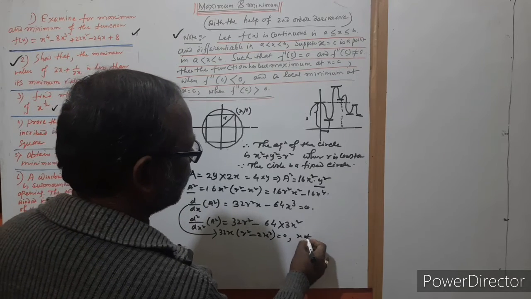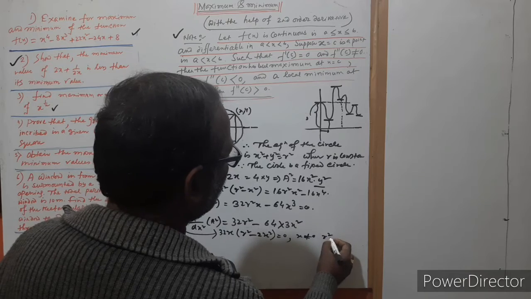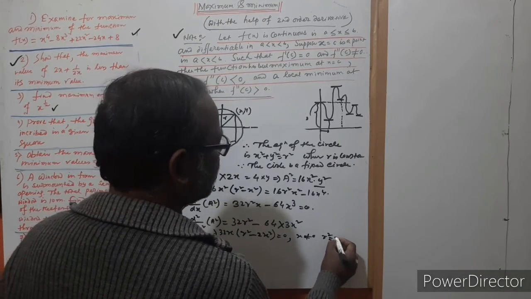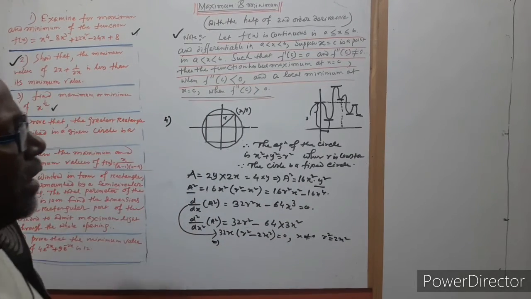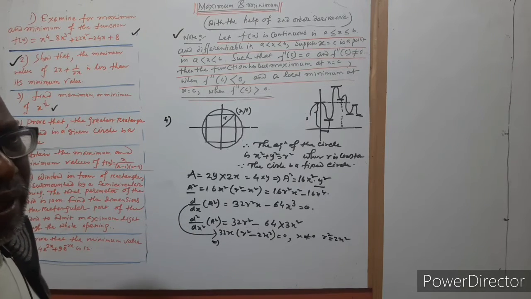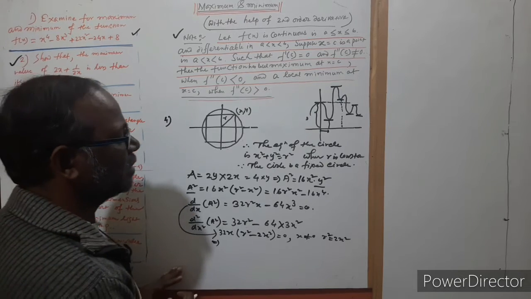But x can never be 0, so within the bracket it would be 0. As x is a length, x can't be 0, so r square is equal to twice x square. Now we get the value of x as plus minus r by root 2. The negative sign is meaningless, actually, as x is a length, so you can't take a negative sign.